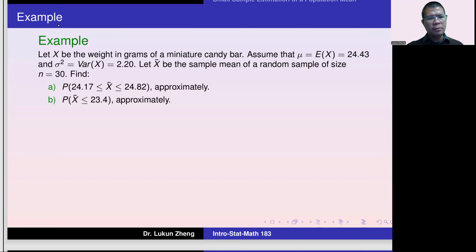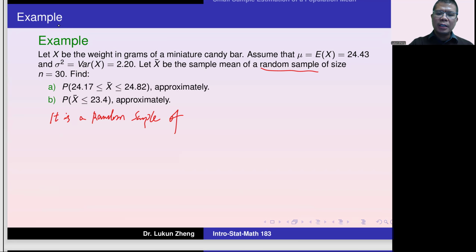Anyway, that's fine. For this one, you see that it is a random sample of size n equal to 30.